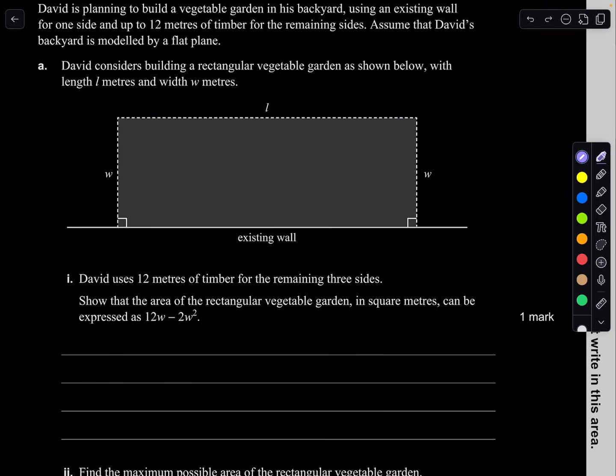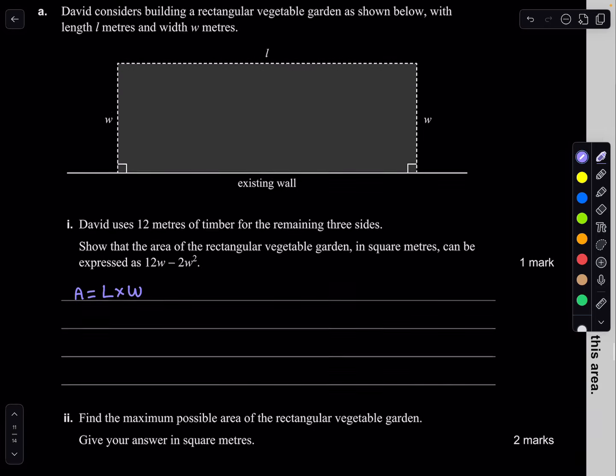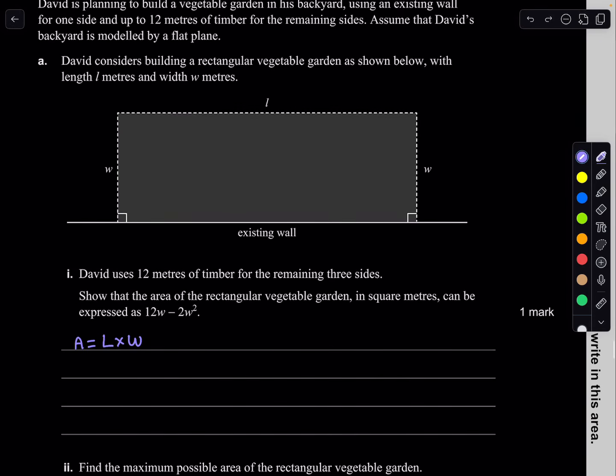Okay, beautiful. Now we know that the area of a rectangle is length times width. Isn't that correct? So here our width is W and the length here is L. But what is our length though? They've also given us extra information.